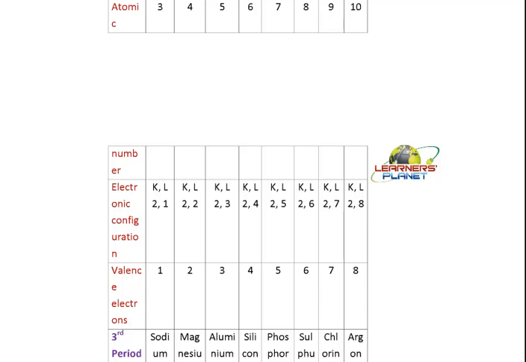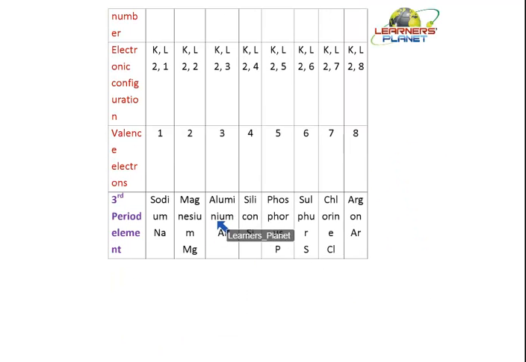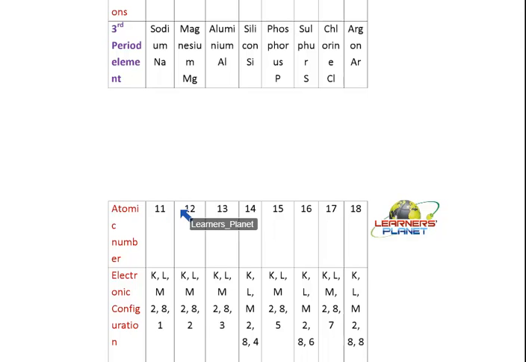Let's take up the third period. The third period elements are sodium, magnesium, aluminium, silicon, phosphorus, sulfur, chlorine and argon. Let's take up their atomic numbers and configurations. So it comes out to be sodium 11, magnesium 12, aluminium 13, silicon 14, phosphorus 15, sulfur 16, chlorine 17 and argon 18.